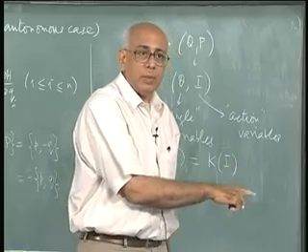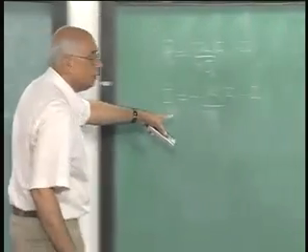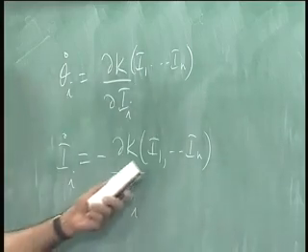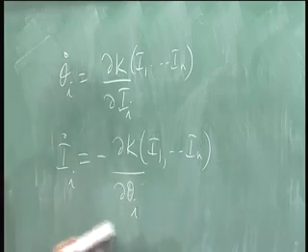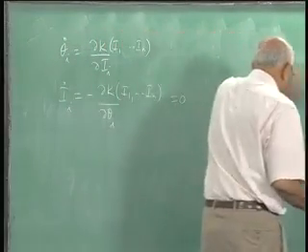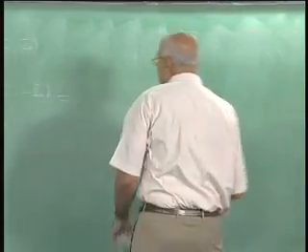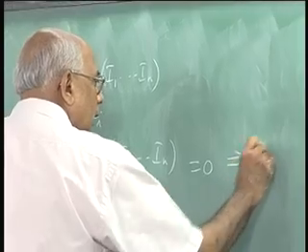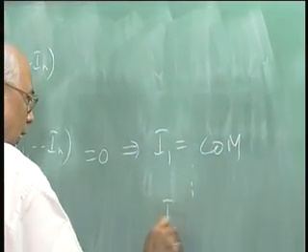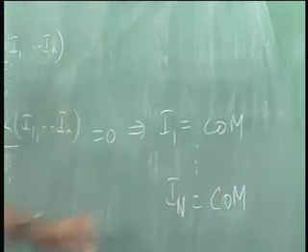If this happens, then what is the consequence of this equation? This is immediately 0 because this has no dependence on the thetas. So this is equal to 0. What does that imply? This implies I1 equals constant of the motion, In equals constant of the motion.